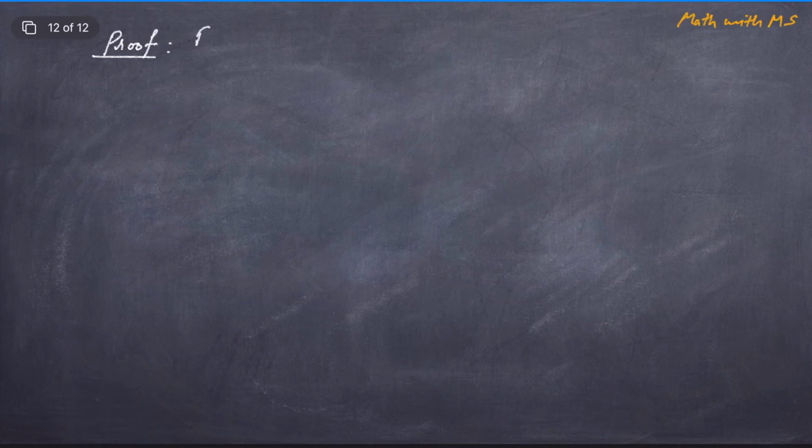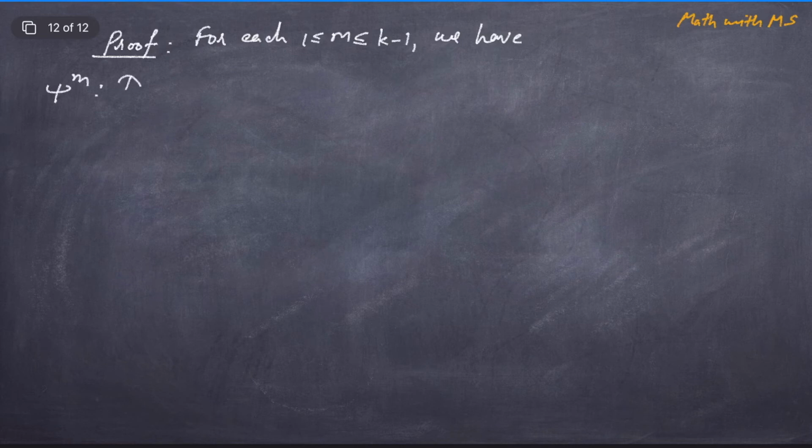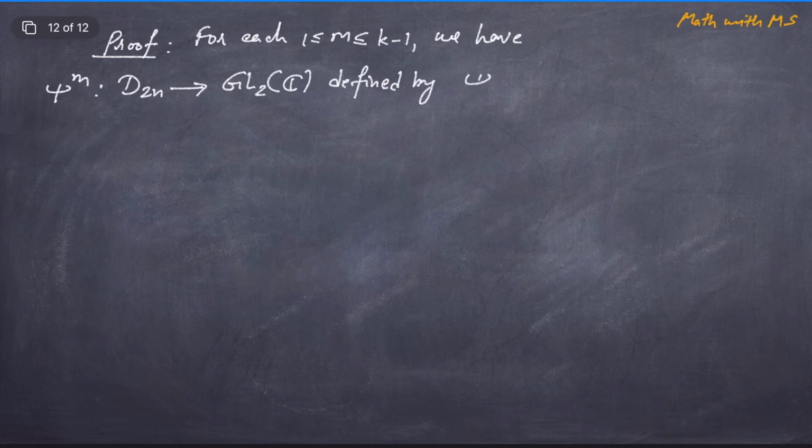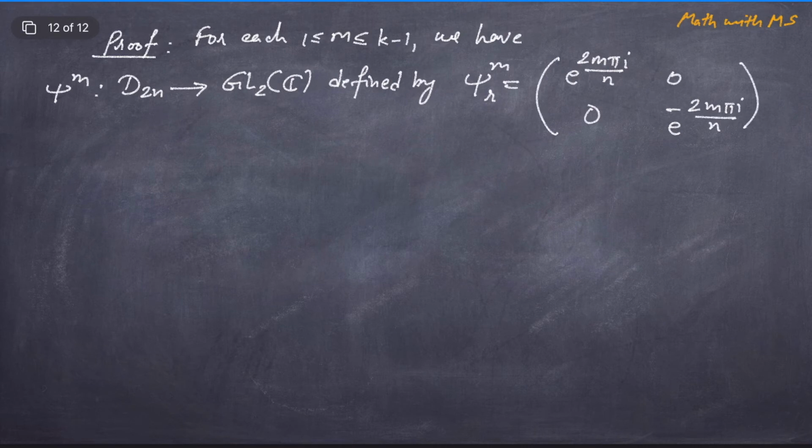Proof: for each m bigger than or equal to 1, less than or equal to k minus 1, we have this map psi m from D_2n to GL_2(C), defined by psi m of R is the matrix with diagonal entries e to the power 2 m pi i by n and e to the power minus 2 m pi i by n, and psi m of S equals the matrix 0 1 1 0.